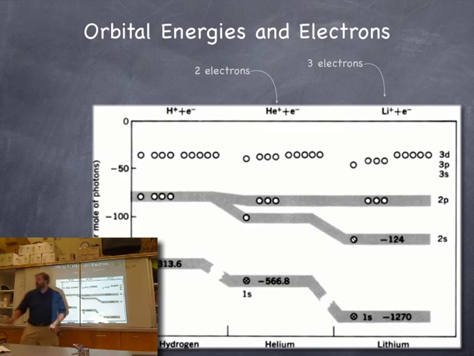Okay? Now, remember I said L is equal to 0 to n minus 1. And remember we said these guys come as a set of 3, and we have to be able to tell them apart, right? Well, the m sub L values come from negative L to L, integer values from negative L to L with 0.